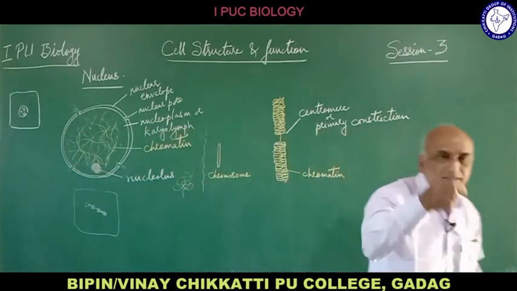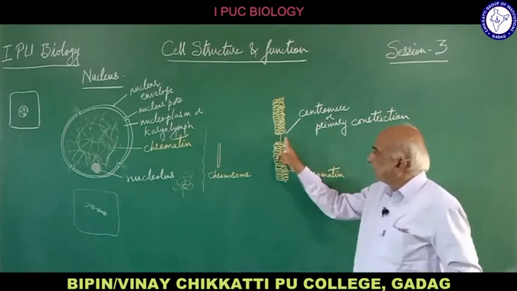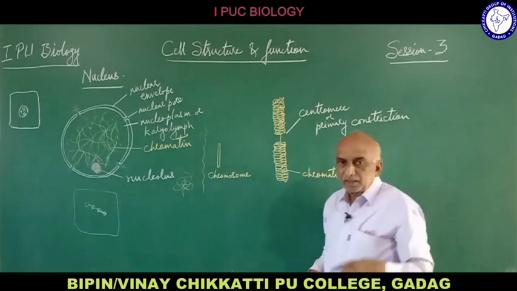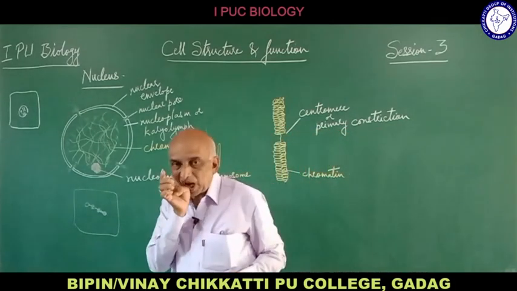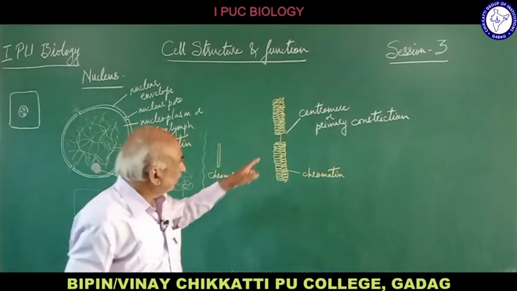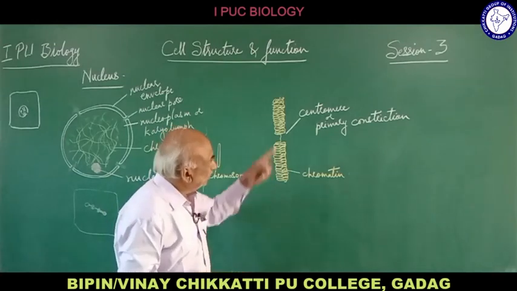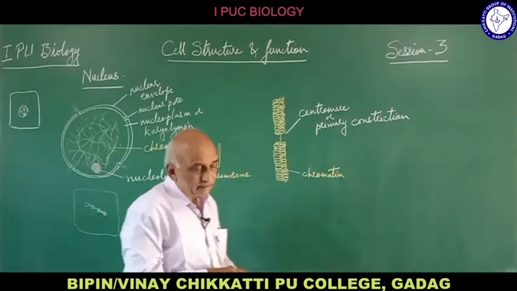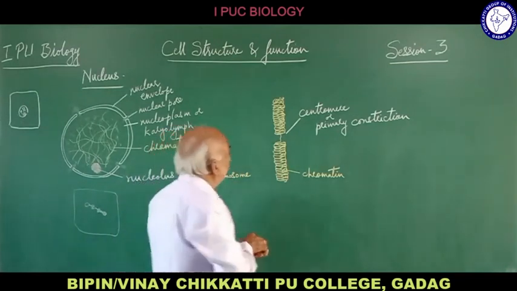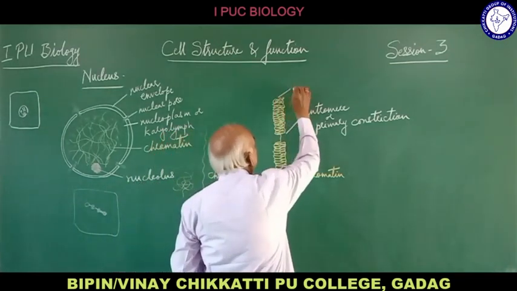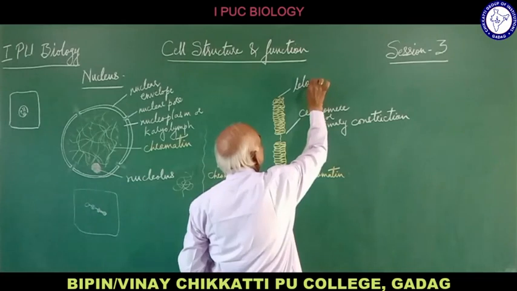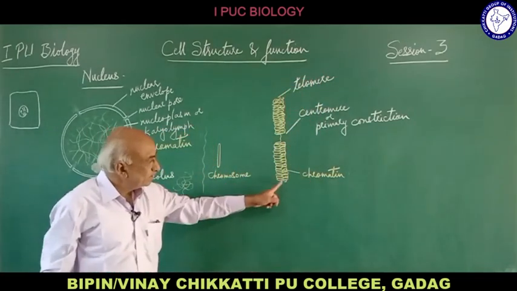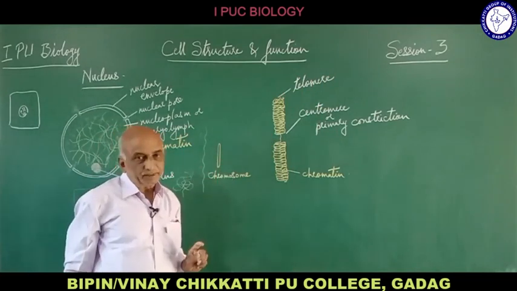Here the chromatin becomes straight and does not coil in this region. This colorless, somewhat transparent region is called the centromere or primary constriction. Now the tip of the chromosome is called a telomere. This is the telomere, this is the telomere, and that is the telomere.